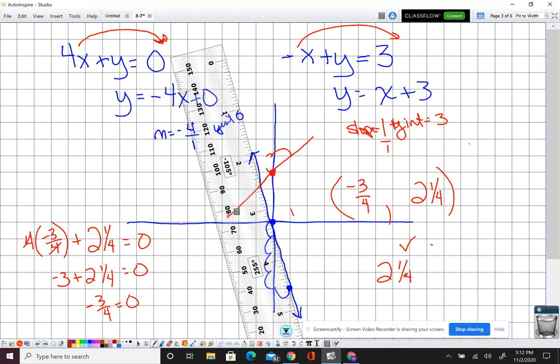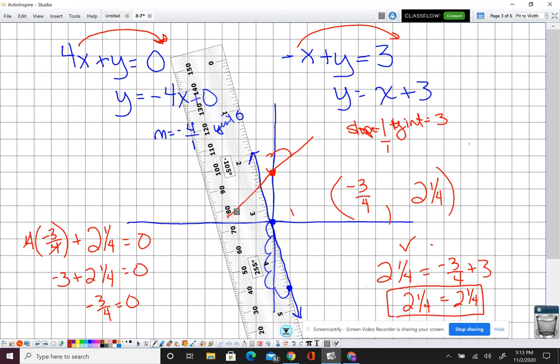So my y value is 2 1/4. Does that equal a negative 3/4 plus 3? A negative 3/4 plus 3 does give me 2 1/4. So it works for one of the equations, but it doesn't work for the other.